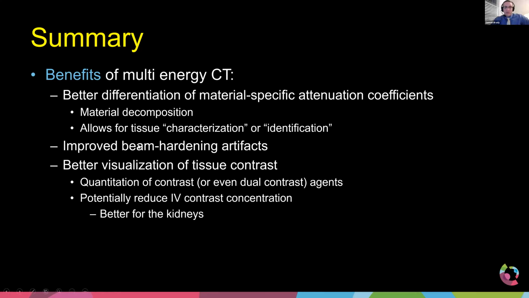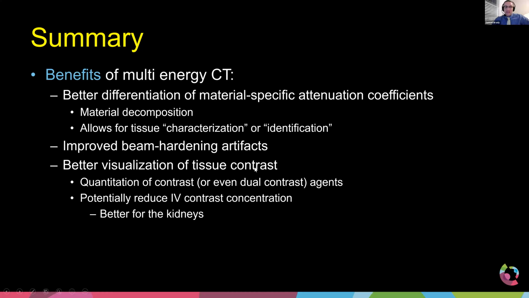We want to improve the appearance of artifacts. And so dual energy CT actually removes a lot of these artifacts from the image, so they're mostly artifact free. And then better visualization of tissue contrast.